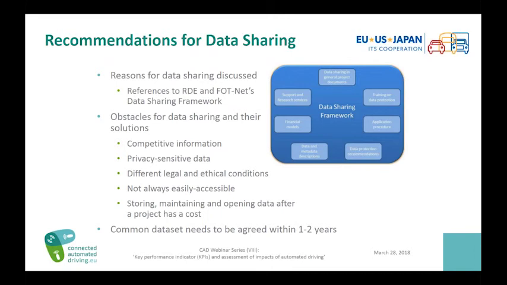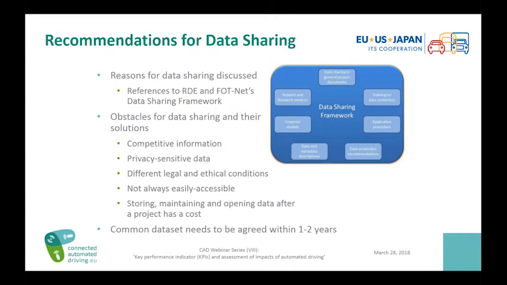And then we discussed there the data sharing. It gives reference to existing data sharing frameworks. It describes some obstacles for data sharing, and also gives some solutions to them. These are, for example, related to competitive information, privacy-sensitive data, different legal and ethical conditions in different countries or regions where you make the assessment, and to the fact that data cannot always be easily accessible.